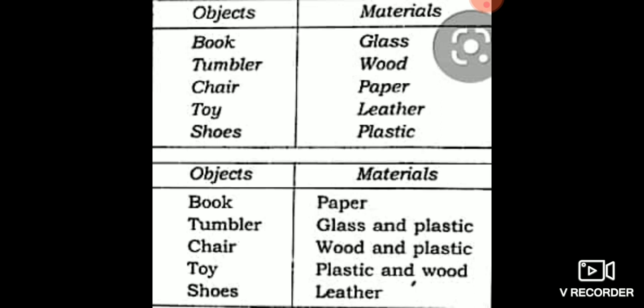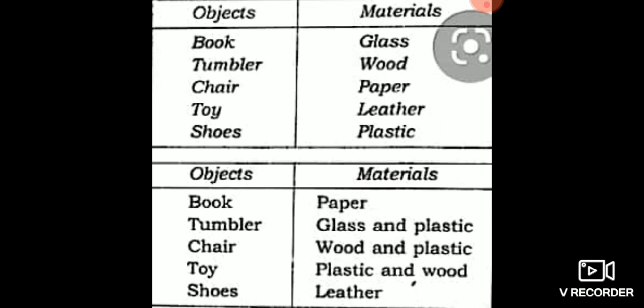These are the examples for materials. So these are the substances which are used in making different objects. Here wood is an example for material. By using these materials, different objects are made.